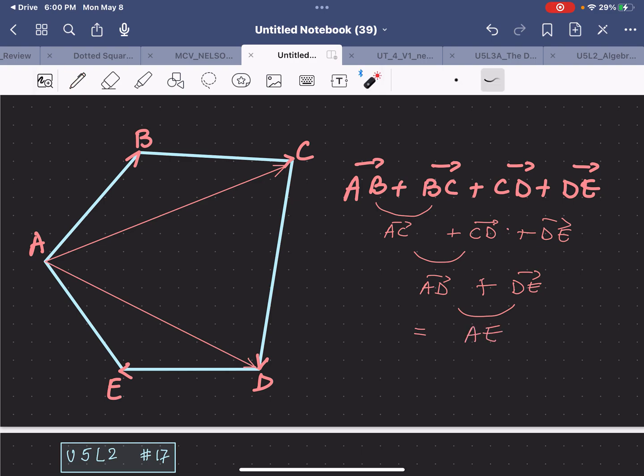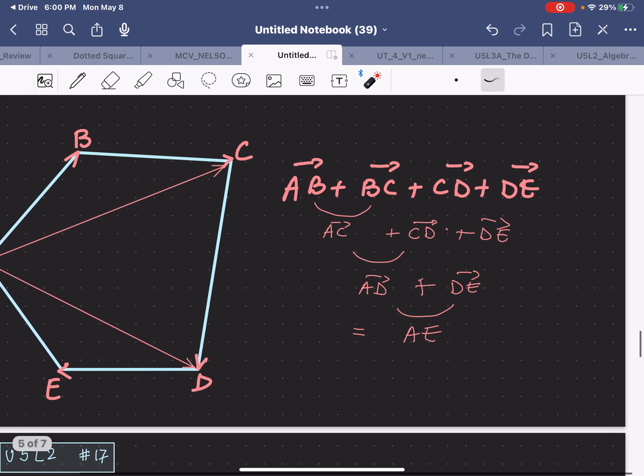As you can see again in this addition, where we have the heads and the tails connected very harmoniously, C's with C's and D's with D's, then the answer is vector AE.